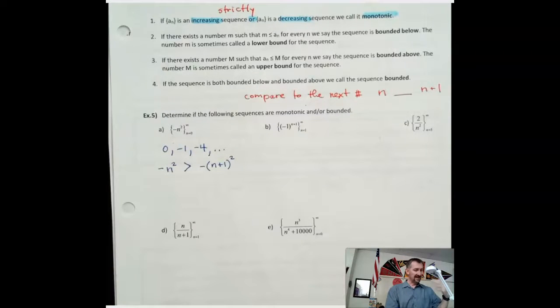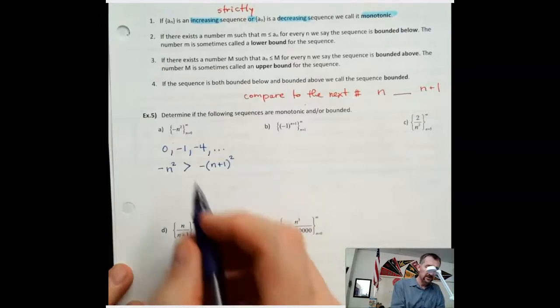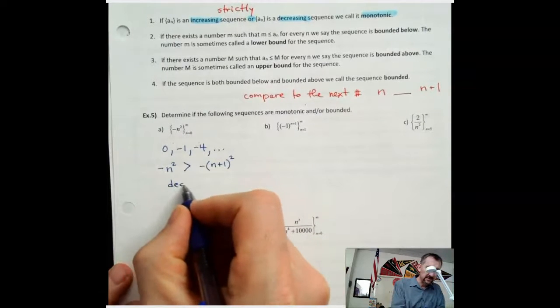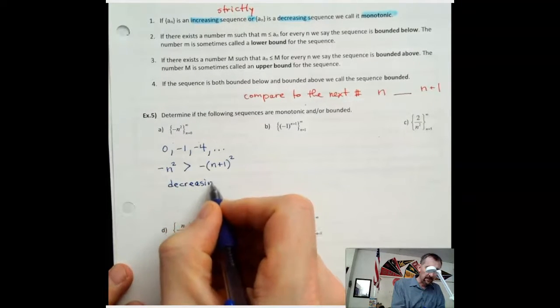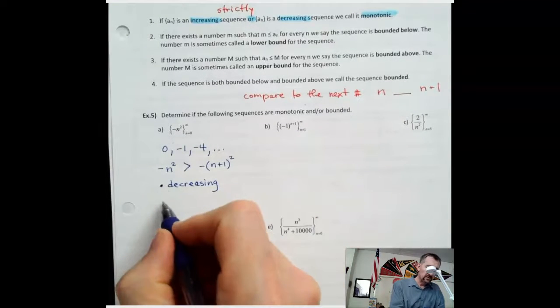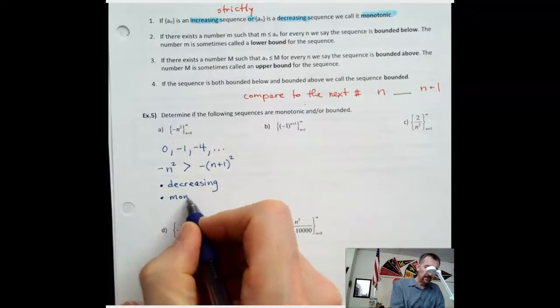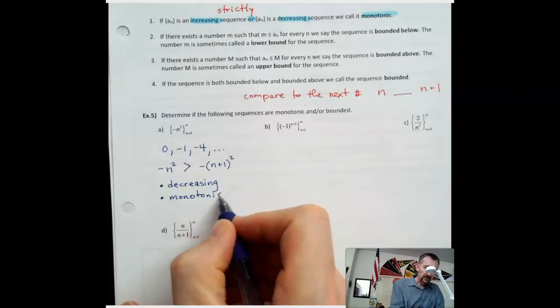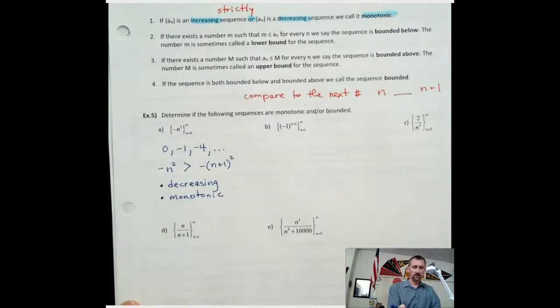So that means everything is going to be below it. We can see there, it's decreasing. It should always be decreasing, so we could say it's monotonic. It's our last page, we're almost done here.